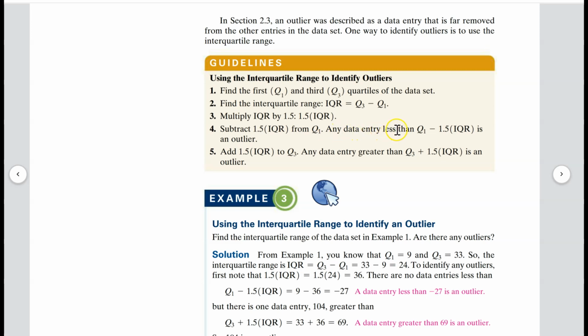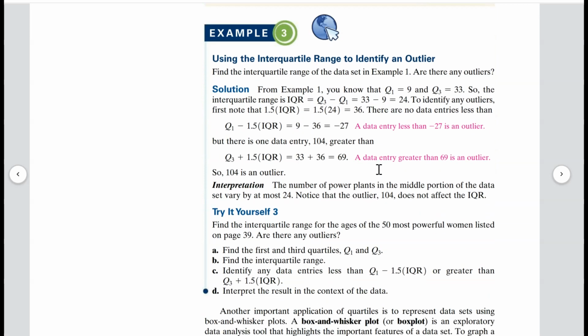If there is any data entry that is less than that, it's an outlier. You will do the same thing, adding that same number that you found in step 3 to Q3. Any data entry greater than that is an outlier.